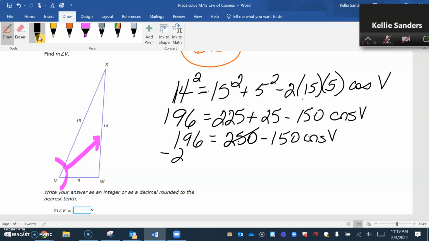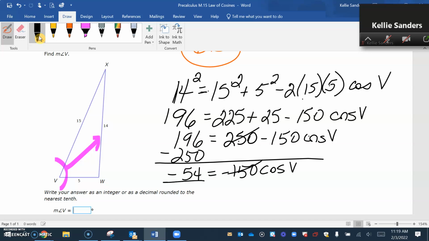We're going to subtract the 250. We're going to divide by negative 150, and we're going to be very careful on the calculator. Well, that actually came out fairly nice.